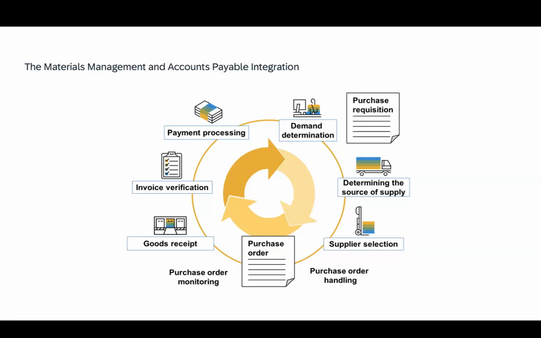Move through the supply selection stage. So selecting the supplier, creates a purchase order, sends the purchase order to the supplier. And then we have the goods receipt. So the supplier ships the material to us. That comes into our warehouse. After a little while, the supplier invoice would arrive. We go through invoice verification.